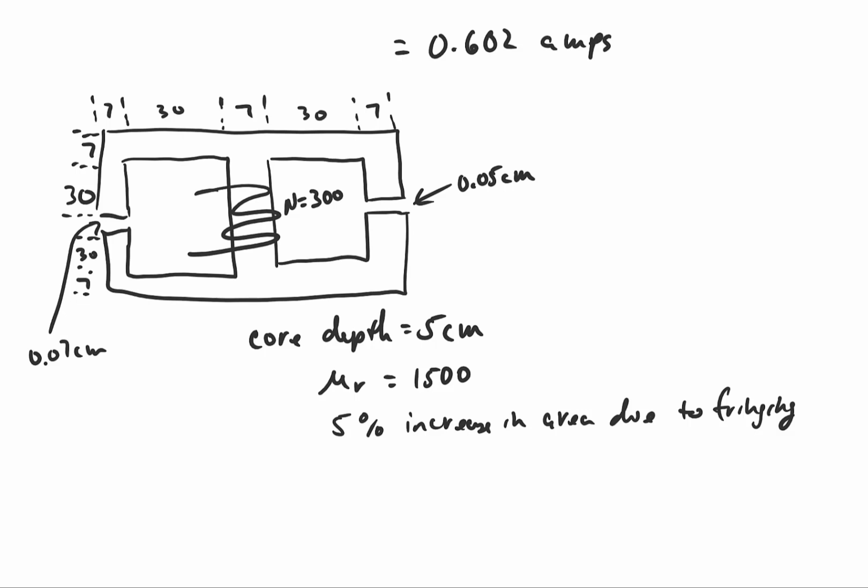And we are going to assume a 1 amp current. So we have 1 amp flowing in the coil. And we want to know what is the flux on the left, center, and right legs of the core, and the flux density in each air gap. So we want the flux in each leg, and we want the flux density in the air gaps.